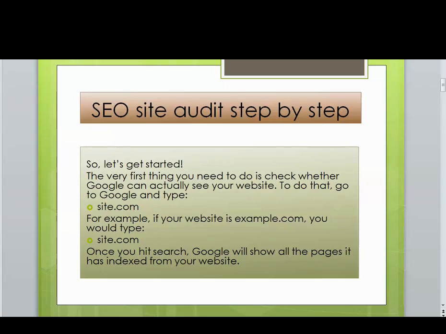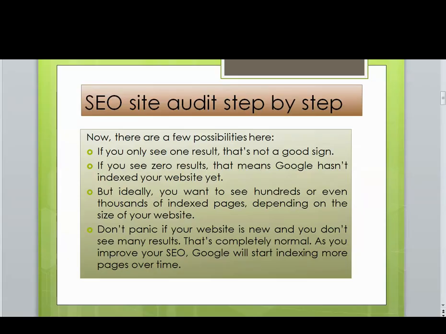Once you hit search, Google will show all the pages it has indexed from your website. Now, there are a few possibilities here. If you only see one result, that's not a good sign. If you see 0 results, that means Google hasn't indexed your website yet. But ideally, you want to see hundreds or even thousands of indexed pages, depending on the size of your website.